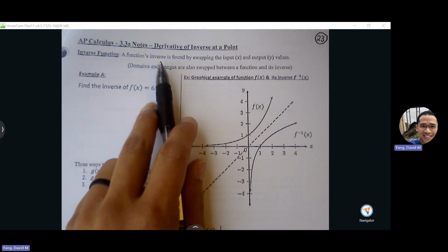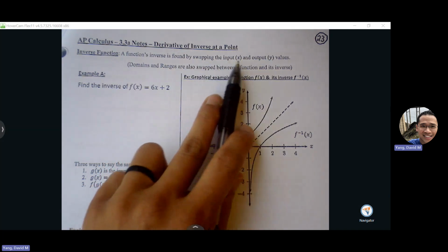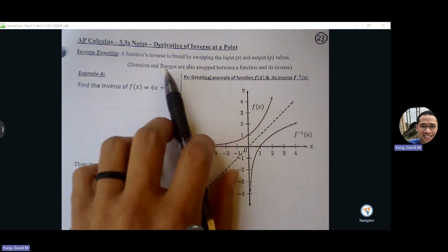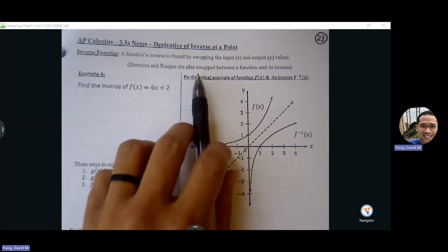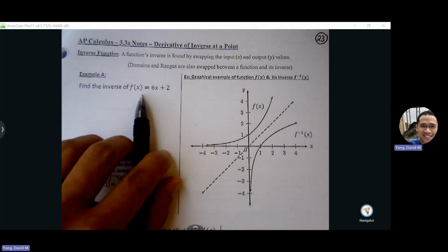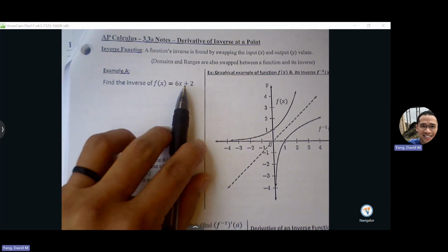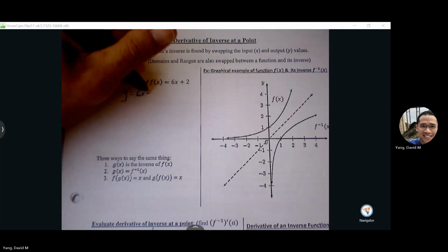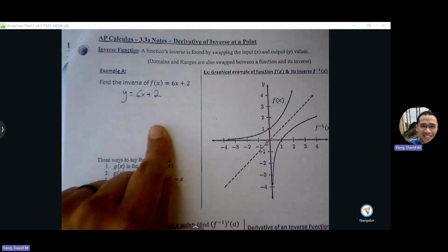We know an inverse function is found by swapping the input x and output y values. So your domain and range are also going to be swapped between the function and its inverse. Just to have a little bit of background and review, if I want to find the inverse function of y equals 6x plus 2, there's two things I need to do, right?